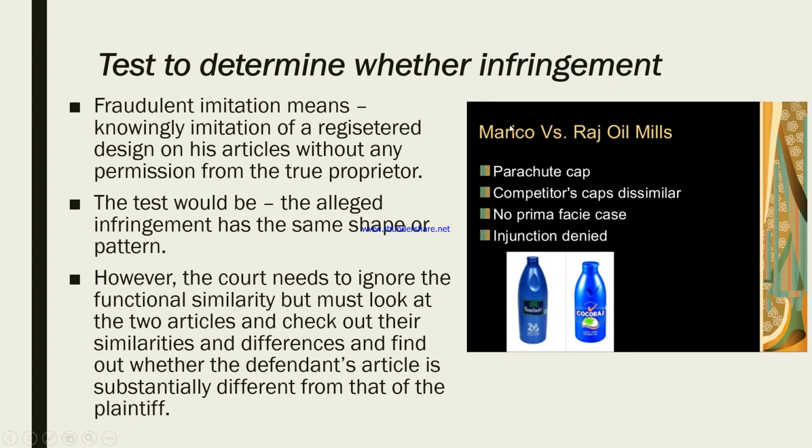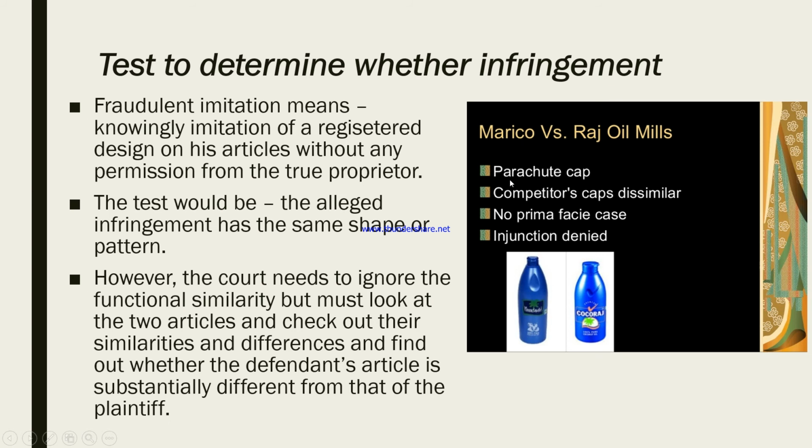Now here we have an example of a Parachute oil bottle and a coconut oil bottle. You can see that the cap is similar. The function is similar. You can break the seal and open it, and then squeeze the bottle to pour the oil out. It was alleged by Parachute that the Coconut company copied the design of their cap.